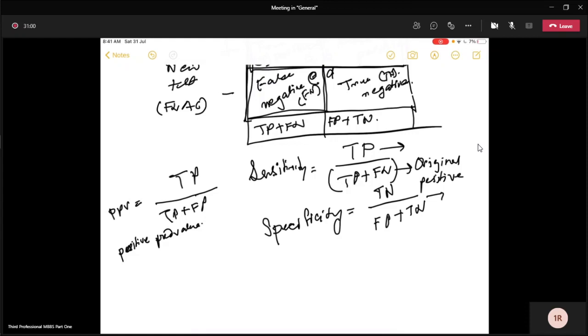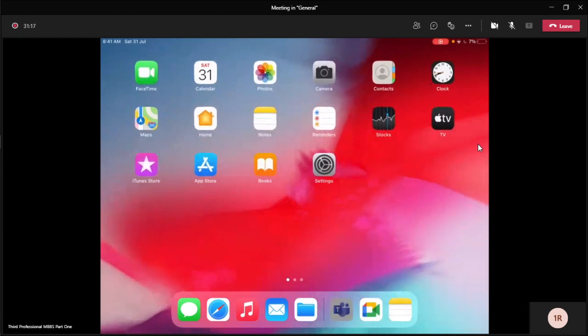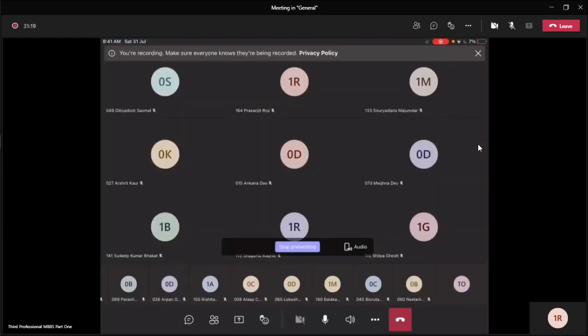And the other part is that if the test has come to be negative in the new test, how many of them are actually negative? You want to know that also. Right? So এটা ফর্মুলা কি হবে? সৌরদীপ্ত মজুমদার 133.